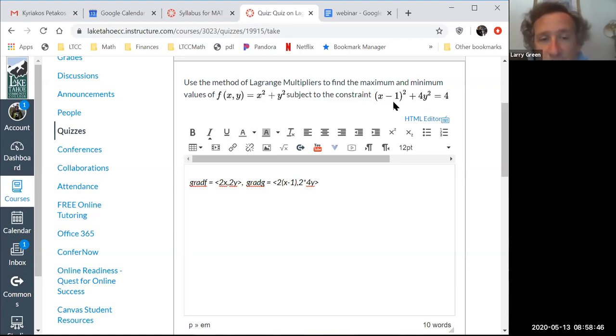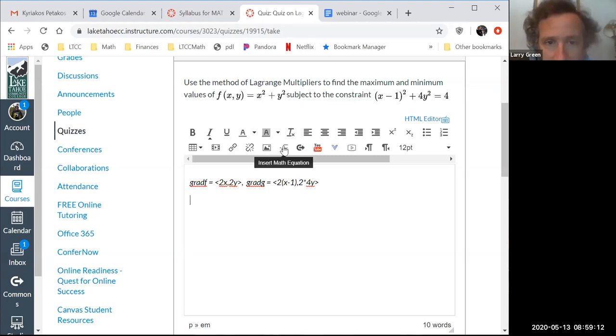So now we use the Lagrange multiplier theorem that says that the gradient of f is equal to lambda times the gradient of g for some constant lambda. And the solution to that will give us where there are extrema.